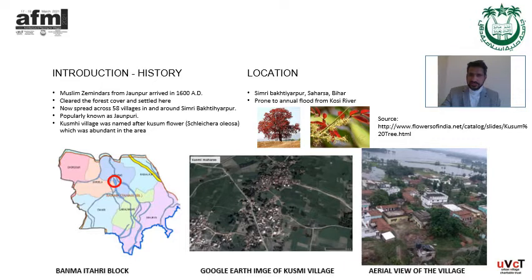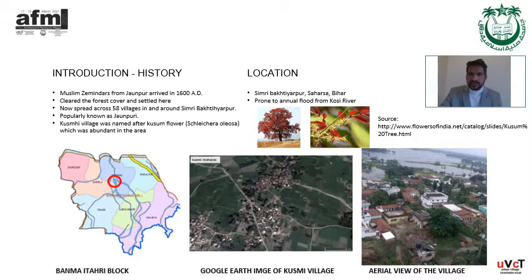The history of this village dates back to 1680, during the rule of Mughal Emperor Shah Jahan, in which a Muslim Zemindar family from Jaunpur, Uttar Pradesh migrated here. They were given the permission to settle here by the local ruler, and the condition was that they clear the forest cover.